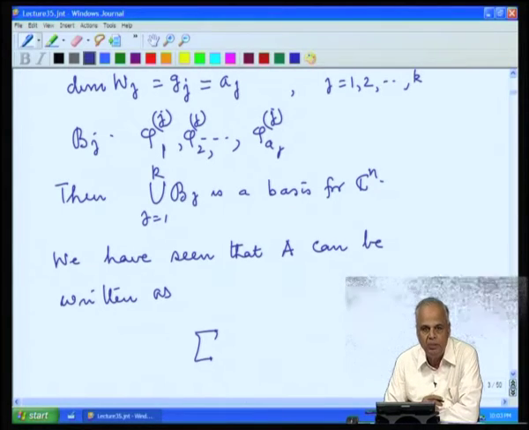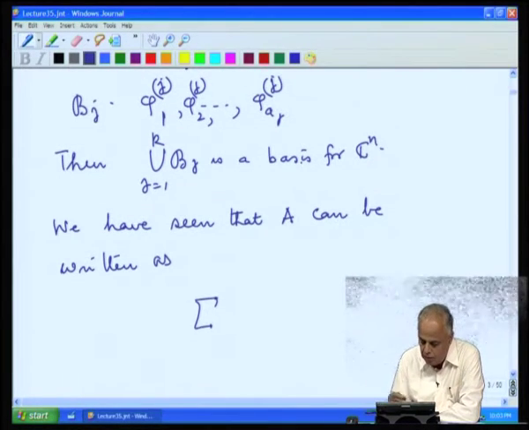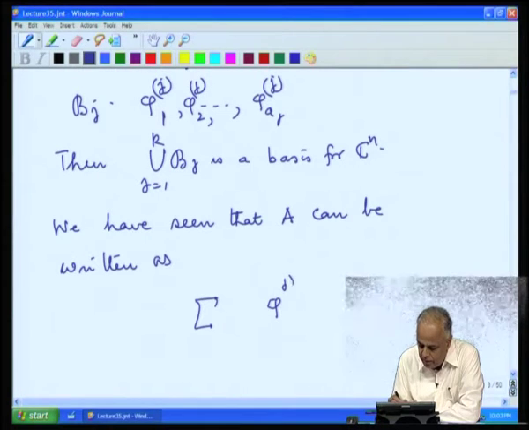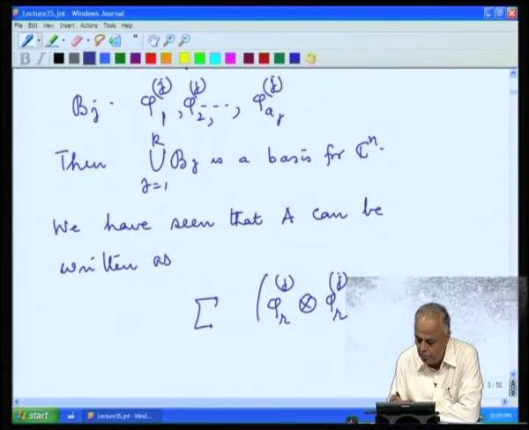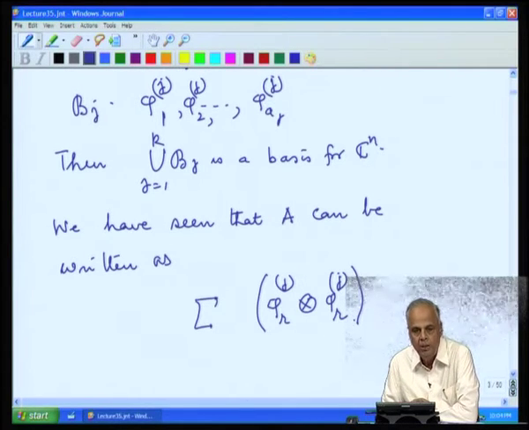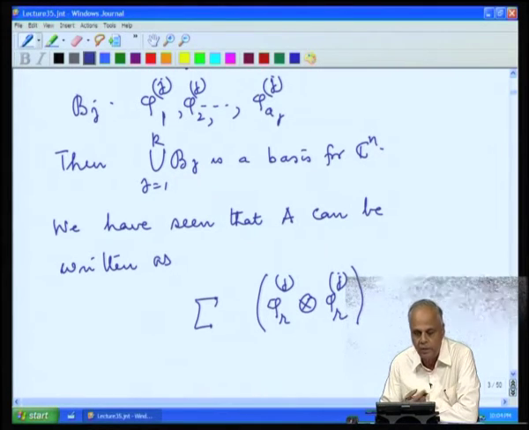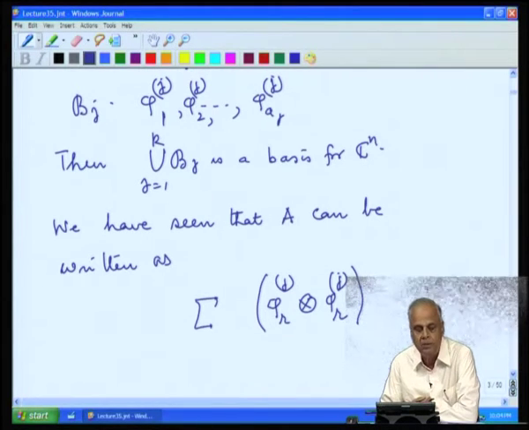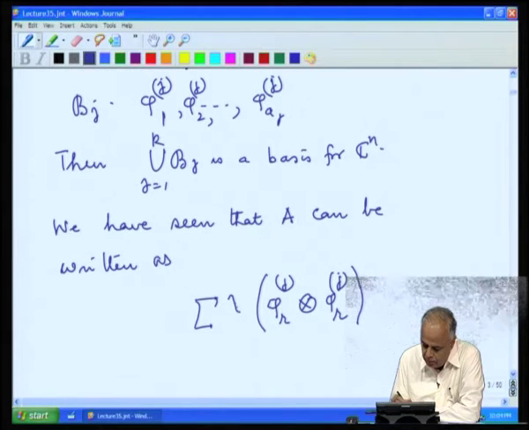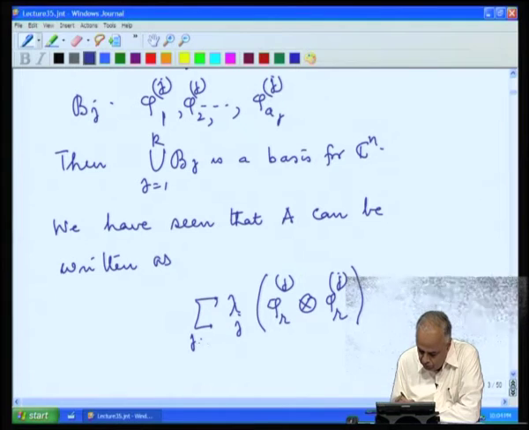For each one of these vectors, we construct the tensor product, phi j r tensored with phi j r. This is going to be an n by n matrix, and since it is a tensor product of a vector with itself, it is going to be a Hermitian matrix of order n by n. It is multiplied by the corresponding eigenvalue lambda j, and we look at this sum from r equal to 1 to a j.